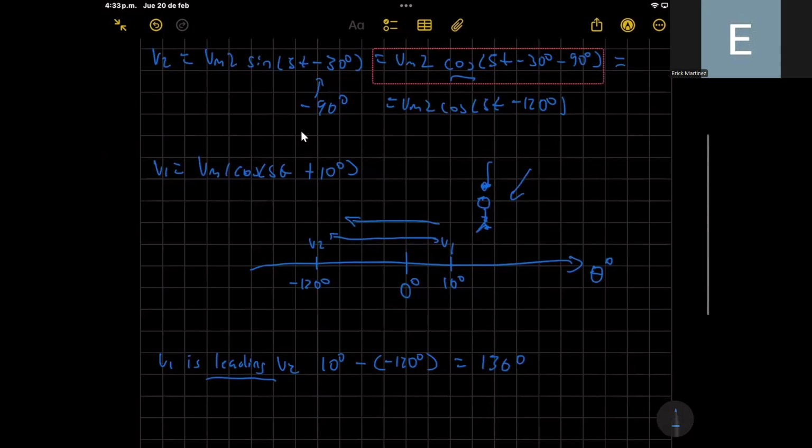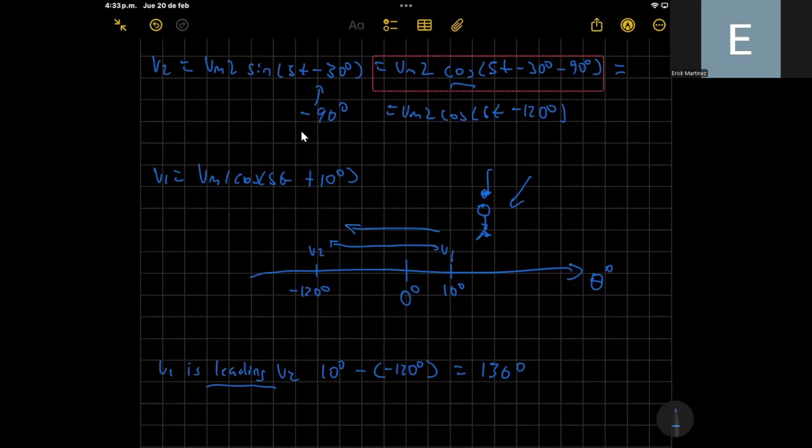Now, to know which one is leading and which one is lagging, plot the phase angles across a horizontal axis. Looking from this perspective, the first one you will encounter is V1, and the following one is V2. So V1 is leading V2 by the difference of the phase angles, that is 130 degrees.